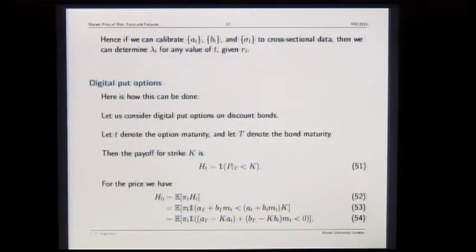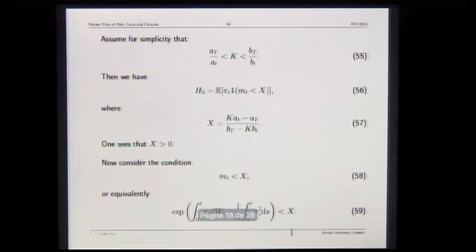So we have the pricing kernel times the indicator function, and we rearrange this indicator function so we have this inequality involving these two linear expressions in M. And after some rearrangement, we get that the payoff can be written as the indicator function of this martingale being less than a certain constant x, and x is given by a combination of the strike and the A and the B coefficients. For simplicity, we'll assume that the strike lies in between these ratios. This just ensures that the payoff will be non-trivial.